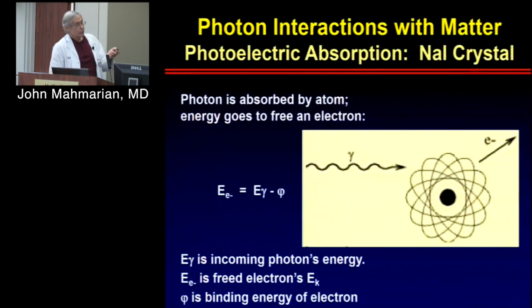Okay. This is just an example of what happens with an electron. You have to have conservation of energy. So you have photons going in, they knock out an electron, and when that electron is freed, it gives off a certain amount of energy, and there has to be conservation of energy between the photon that's coming in and the electron that's being emitted.